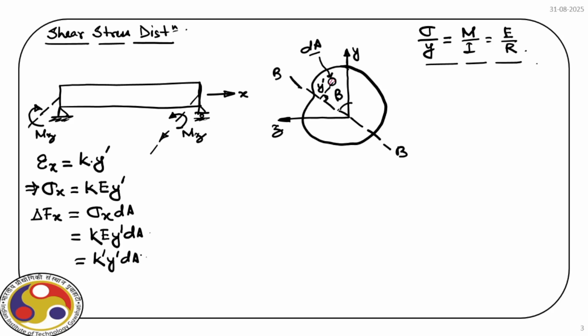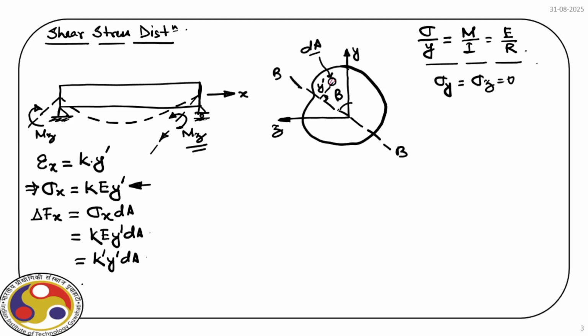Also note that sigma y and sigma z are equal to 0 because only bending Mz is applied, and this Mz, which is causing a sagging deformation here, will contribute to develop sigma x, that is the stress in the axial direction.